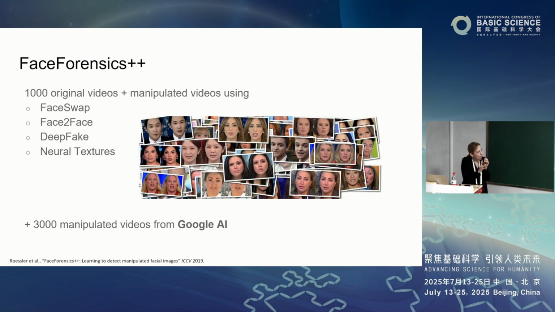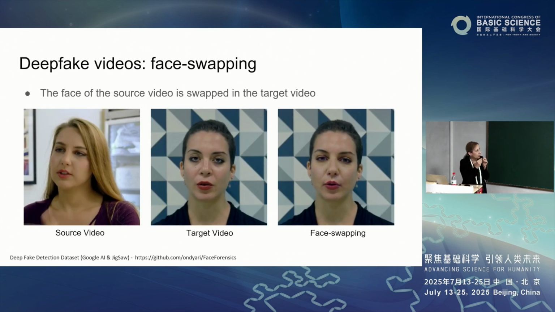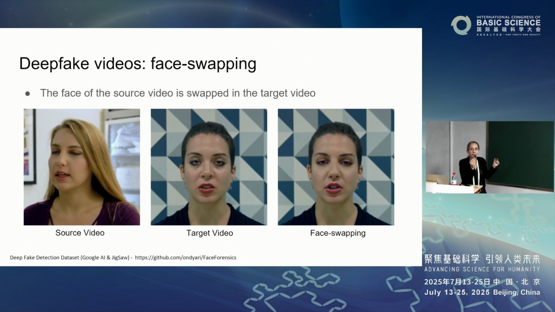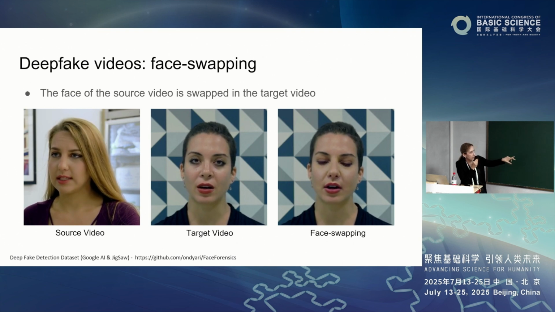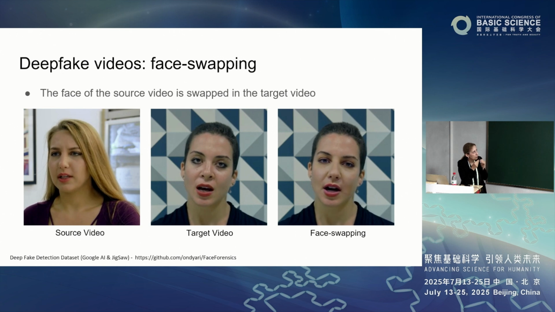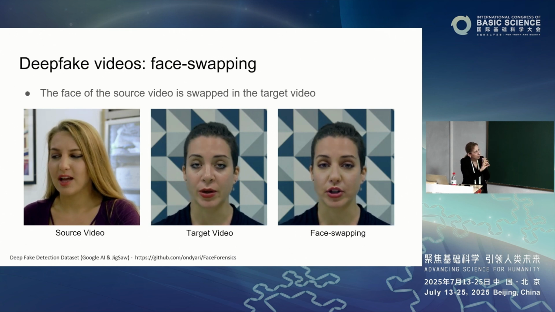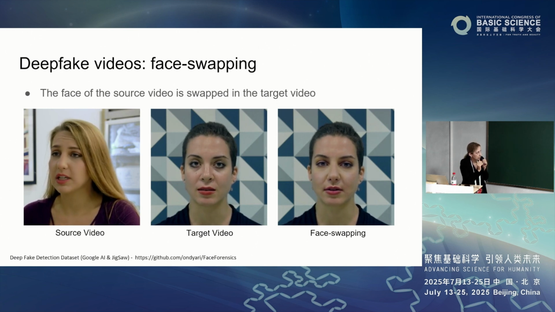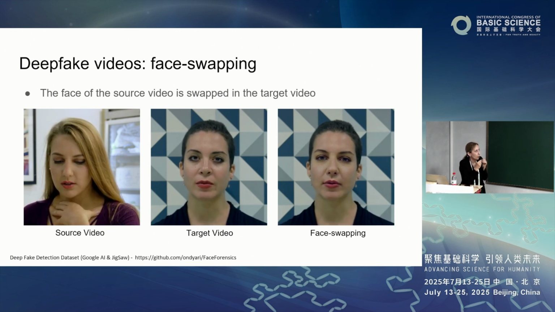Okay, so let's see how this dataset was composed. It was composed of deepfake videos where there was this face swapping. So you have a source video and a target video, and then the face of the source video is swapped into the target video. And this is the face swapping operation.